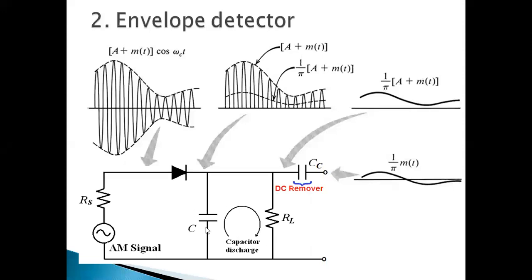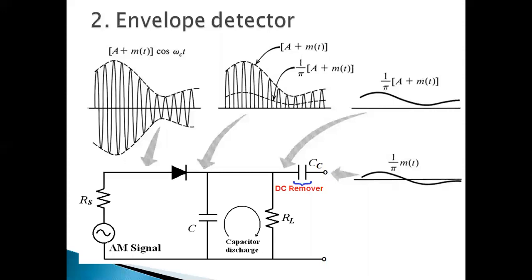Whenever the capacitor discharges, the diode is switched off, that is reverse bias. The positive current does not flow in this direction, so the positive information is zero and only the negative information appears. So whenever the capacitor charges, we get the positive envelope as output, and whenever it discharges, we get the negative envelope.